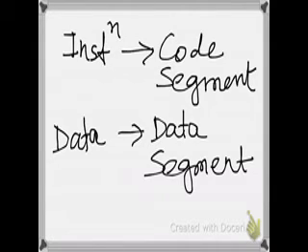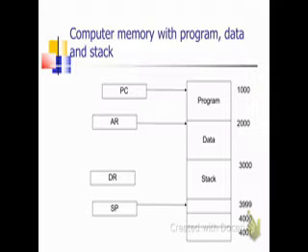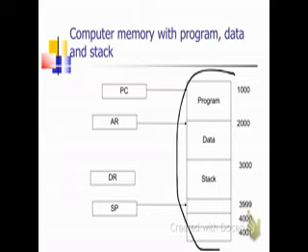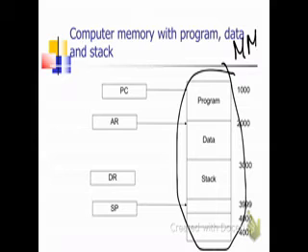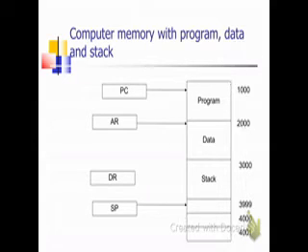Alright. So with this knowledge, now let us look at this. So here you can see, this is your main memory. Now as you can see out here, we have this section which says program, so it contains the code segment.